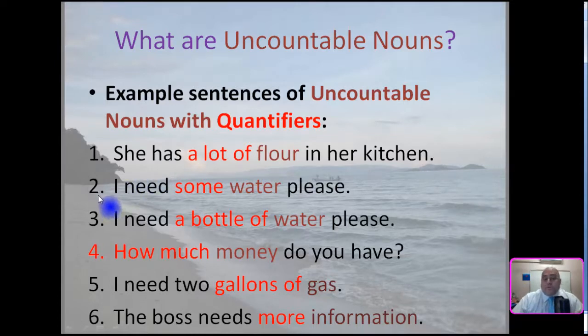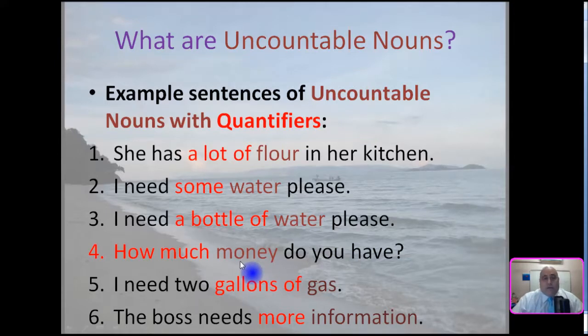Sentence number 2, I need some water, please. Some or a little. Number 3, very similar, I need a bottle of water, please. You cannot count the water, but you can count a bottle. So I need 5 bottles of water, or I need a bottle of water. Number 4, how much money do you have?